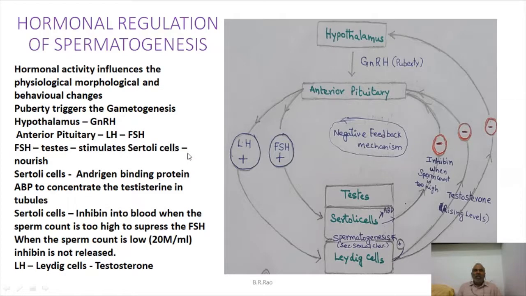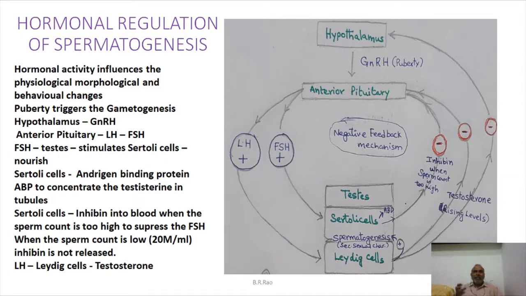How does the hormonal control of spermatogenesis occur? We know very well that hormones play a very important role in controlling both oogenesis and spermatogenesis. And what is the master gland here? The master is the hypothalamus. After the onset of puberty, the hypothalamus releases GnRH, gonadotropin releasing hormone, which is carried through the neurohypophyseal system to the pituitary gland.